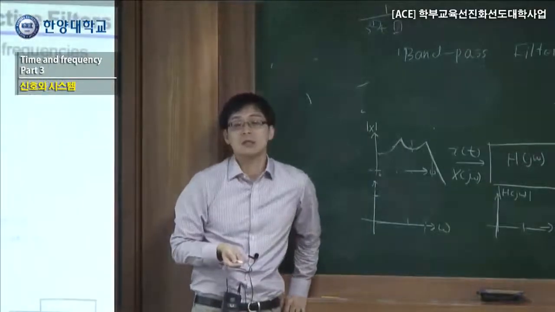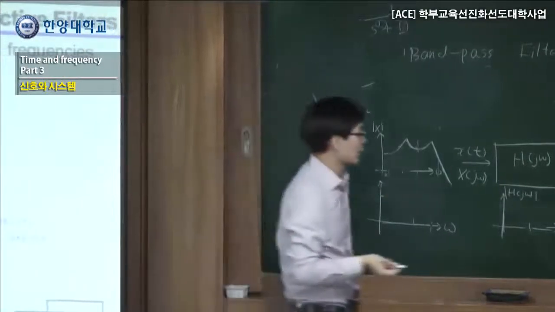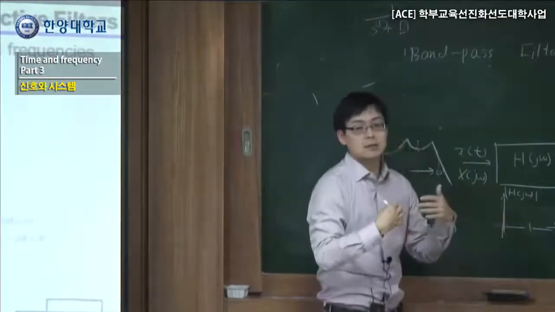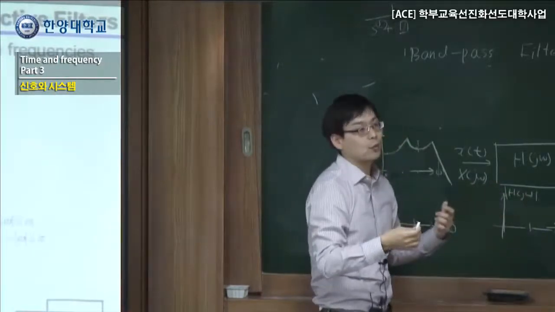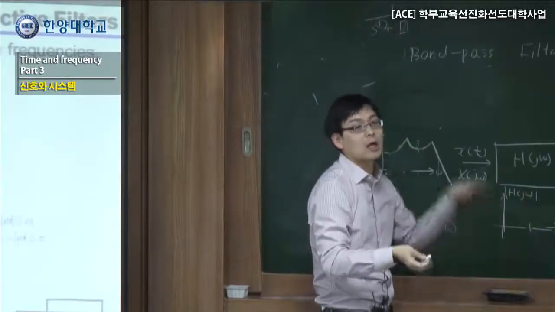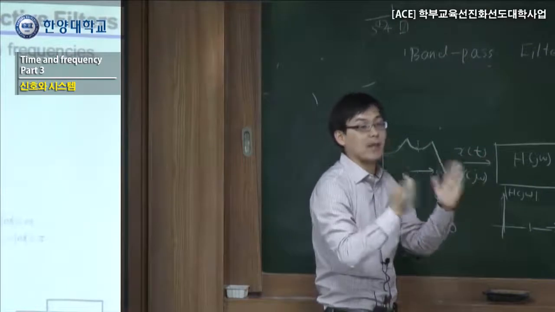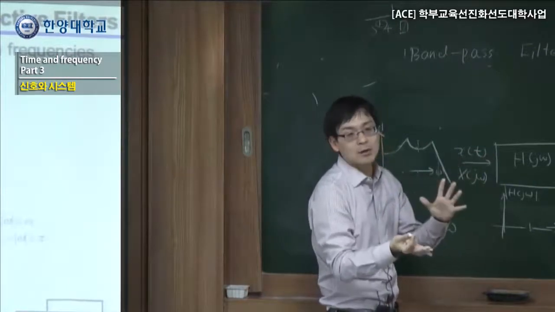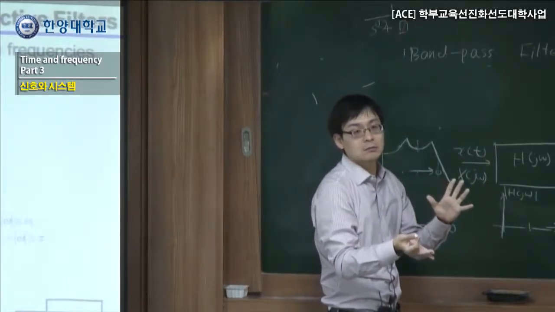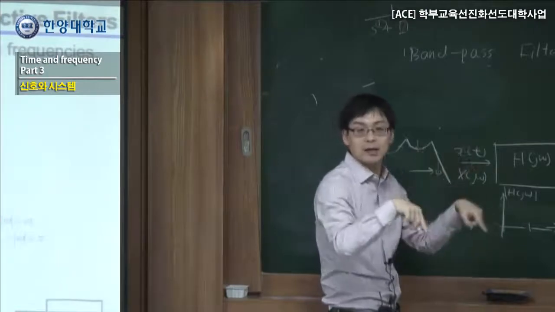Band pass you often see from the lecture, I think. So high pass passes high, low pass passes low frequency components. Band pass is they pass a band. So what's the meaning of band? A certain group kind of thing.